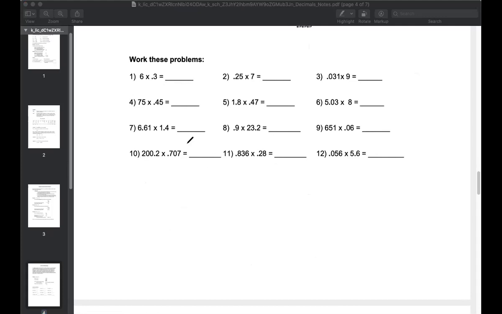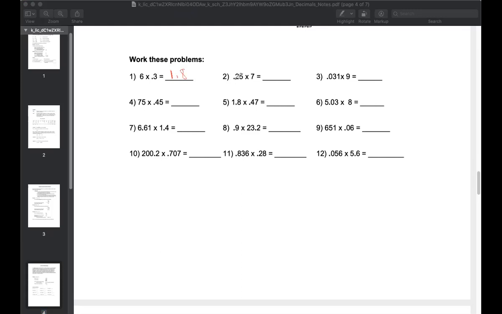Each of you can get a few problems. So what is 6 times 0.3? 1.8. Good, it's 1.8, because it's just 6 times 3, which is 18. And then I have to put my 1 decimal place in. That's how I get 1.8.